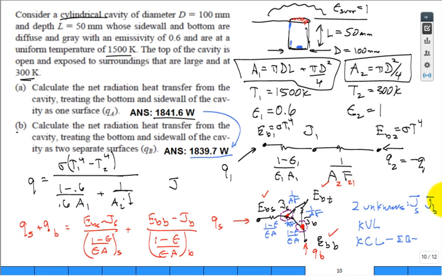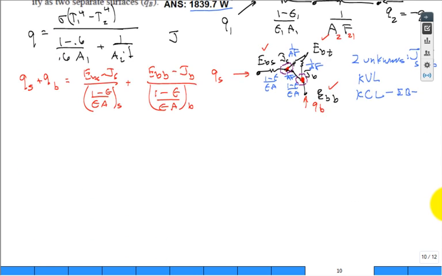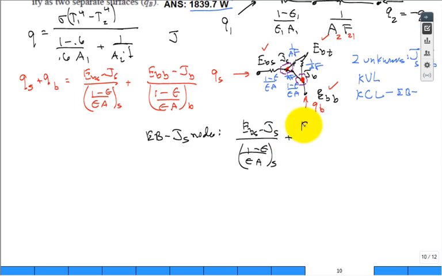Let me scoot down so I can work on this a little bit. So, let's say, the energy balance for the JS node, what does that equation look like? It'll be EBS minus JS divided by 1 minus epsilon over epsilon A for the sidewall. Then I'll have EB of the top minus JS over 1 over AF.